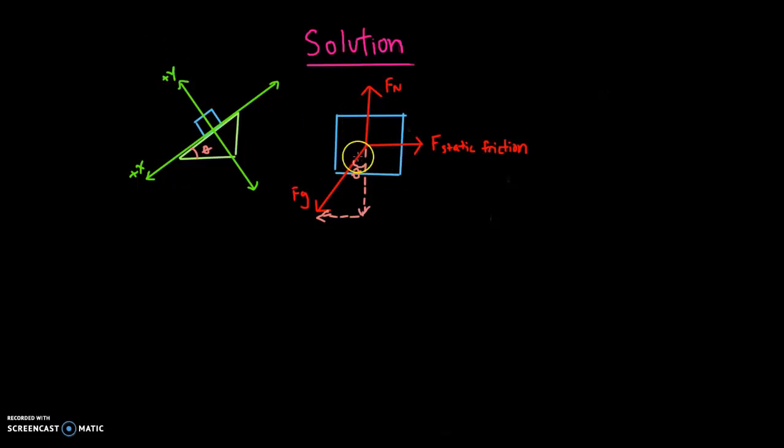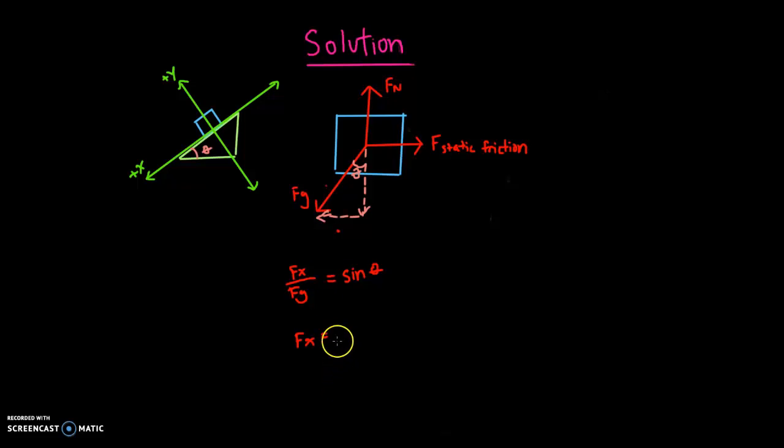So here we drew a force diagram of the box, and here we identified this upward force as the normal force, which is equal and opposite to the y component of the force of gravity, and the force of static friction, which is equal and opposite to the x component. This portion should equal force in the x direction over force of gravity, so over the hypotenuse.